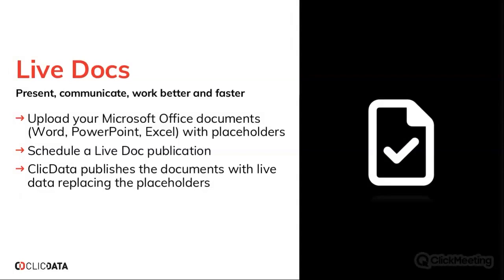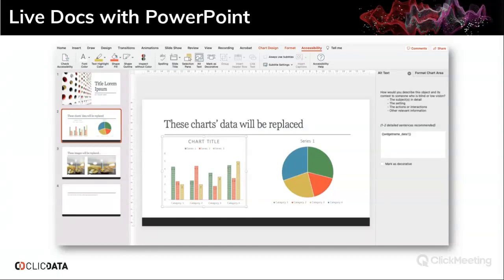So what we've done is decide to take a different approach. Instead of us having features and you having to wait for the features, you can upload your own document, whether it's a Word document, a PowerPoint, or an Excel. And wherever you want to put data, let's talk about PowerPoints.